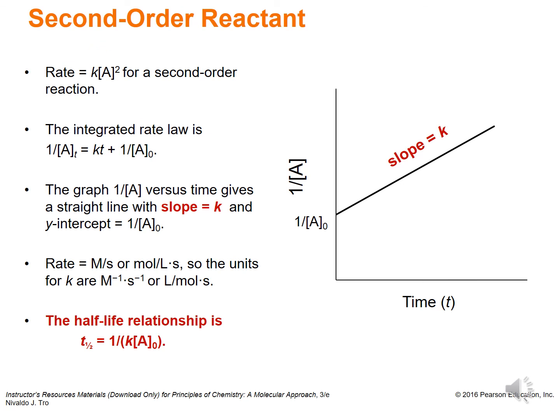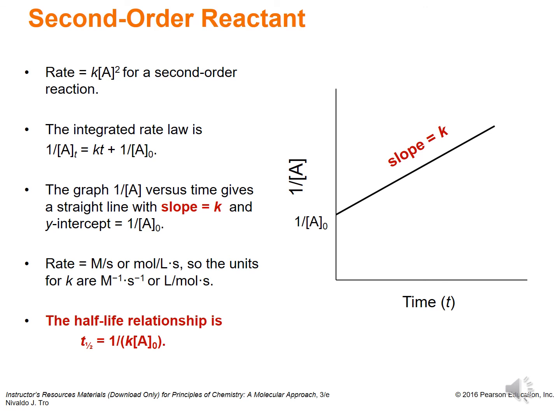Finally, for a second order reactant, rate equals k times [A]^2 for a second order reaction. The integrated rate law for second order kinetics is 1 over [A]t equals kt plus 1 over [A]0. Here again, a graph of 1 over [A] versus time gives a straight line with slope equal to k and y-intercept equal to 1 over [A]0.